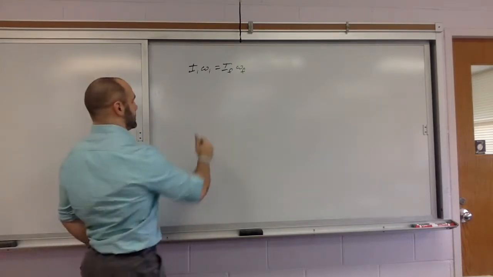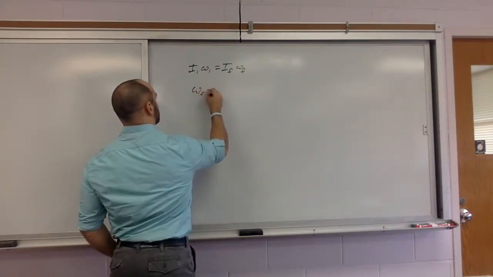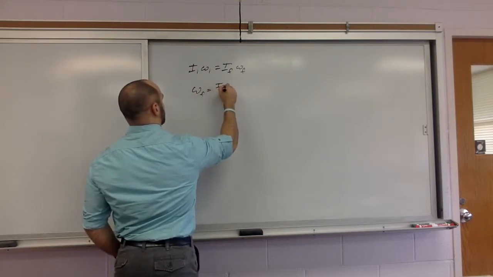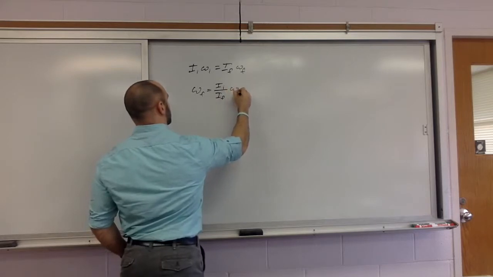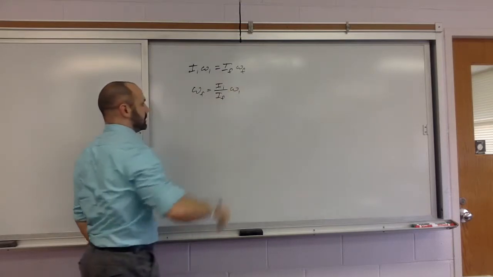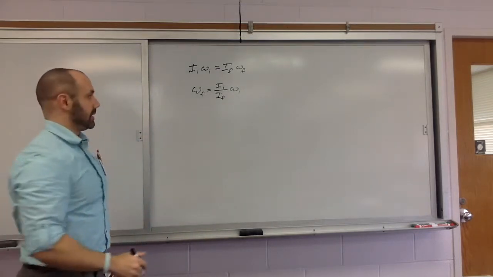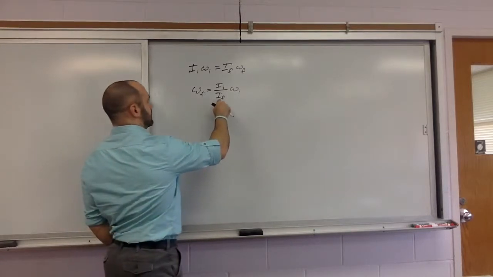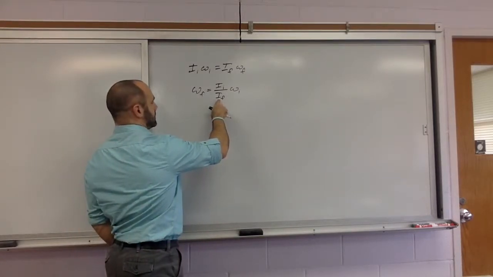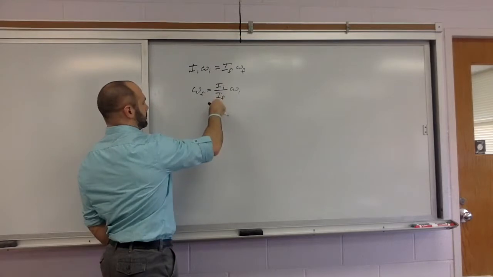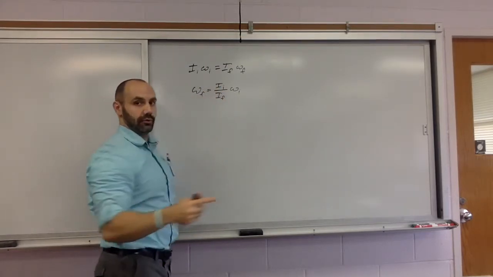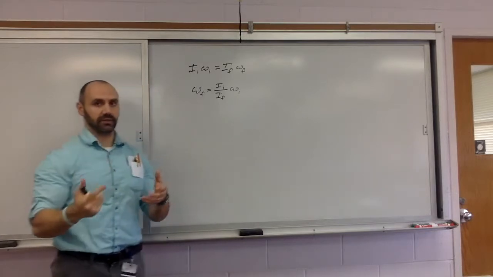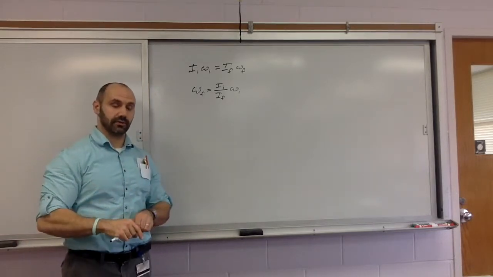And so that means omega f is simply the initial moment of inertia over the final moment of inertia times the initial angular velocity. And if, right, he's reduced the moment of inertia, so this is smaller, that's going to make the whole thing bigger, and he rotates faster. That's what you see ice skaters do.